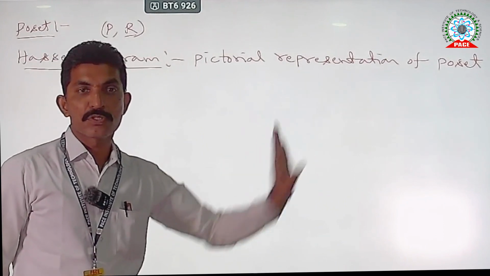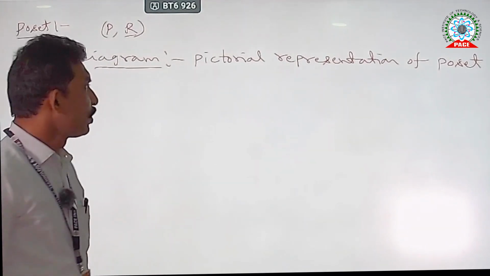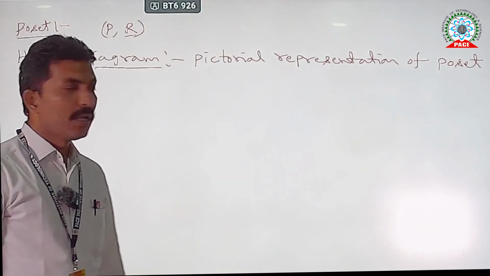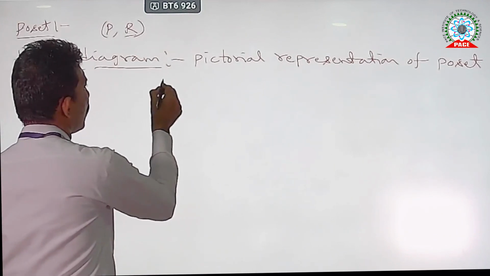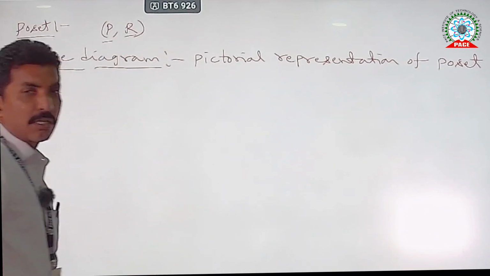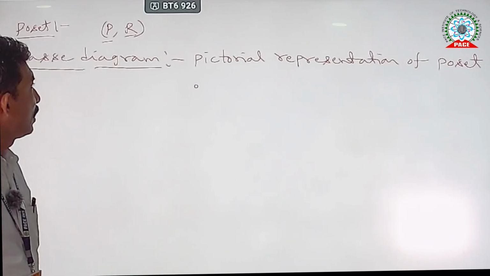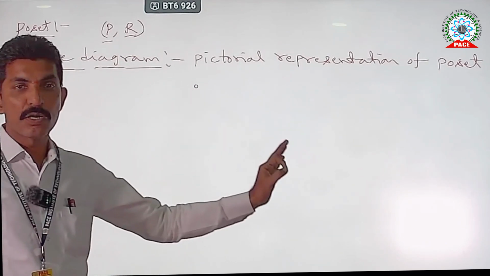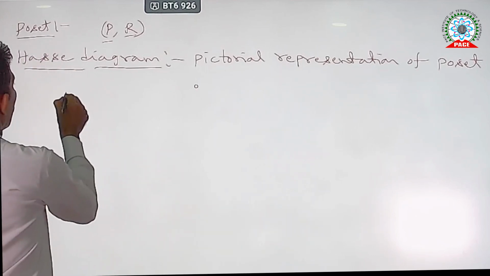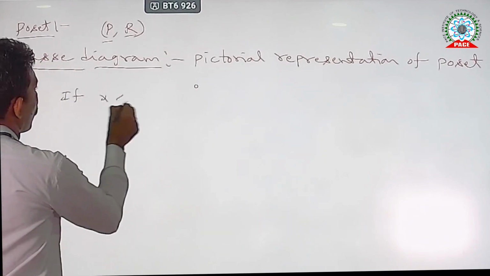In this Hasse diagram, every element of P can be represented by small circles.